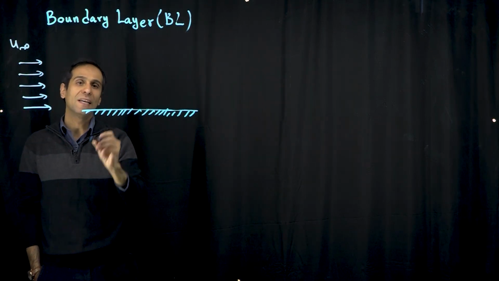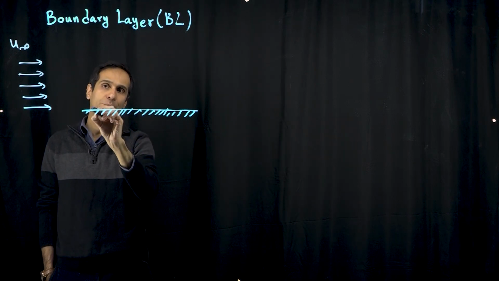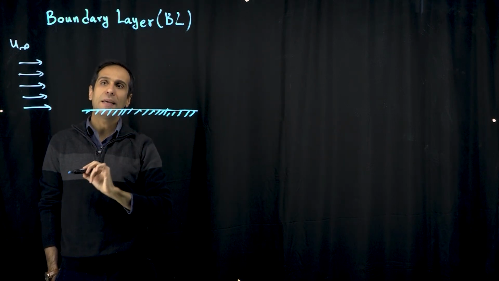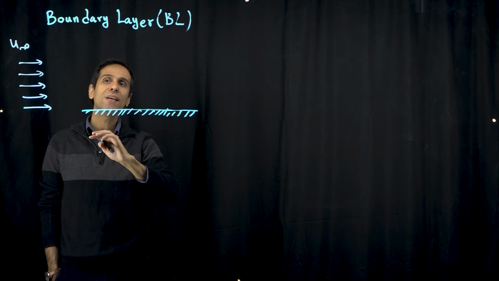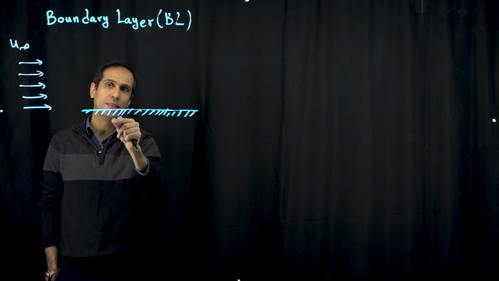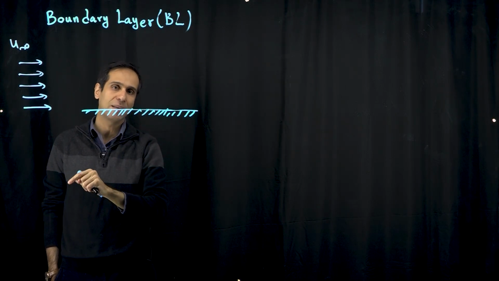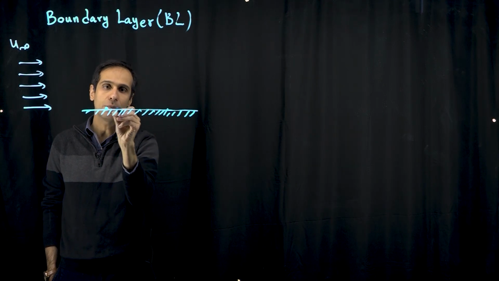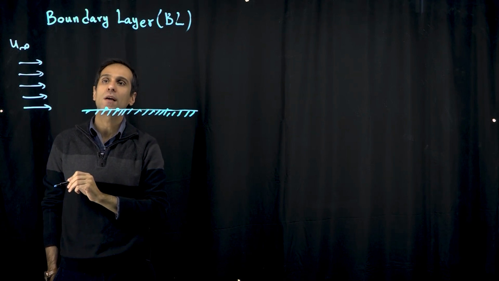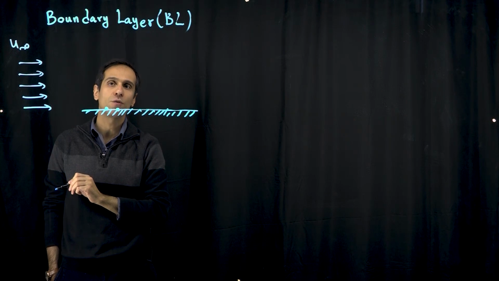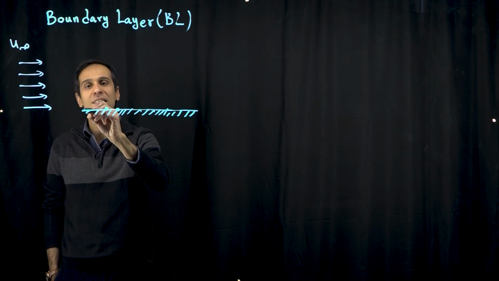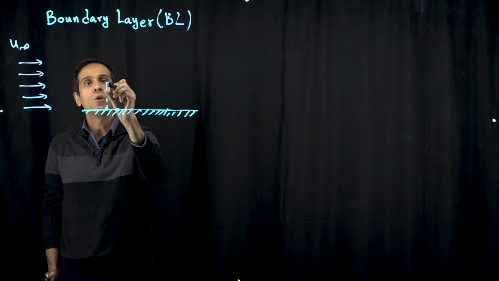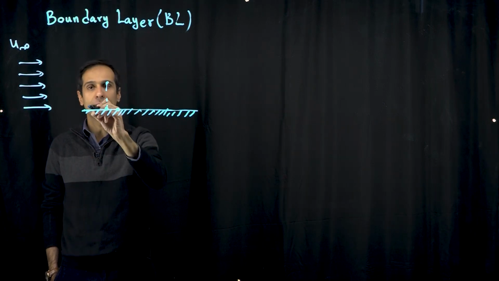What happens is, in the vicinity of the flat plate, the flow will be influenced by the presence of the flat plate. Right here, due to the familiar standard no-slip condition, there is no velocity. Then velocity is increasing gradually to u infinity.